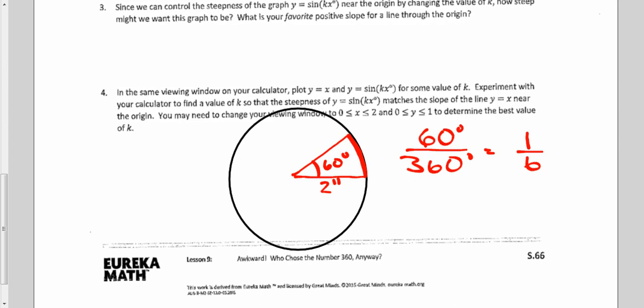And furthermore, let me ask you this. If he walked around the same circle, except that circle wasn't 2 inches in radius, it was 5 feet in radius. How far did he walk?